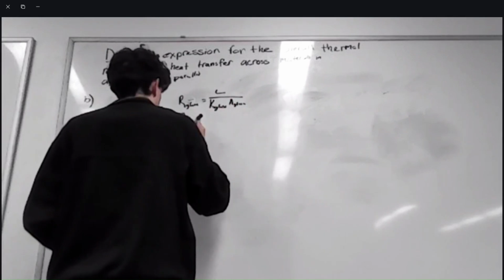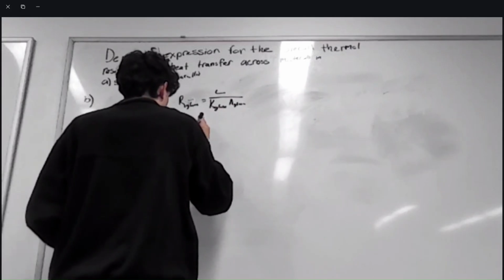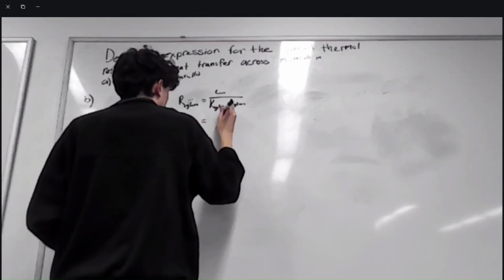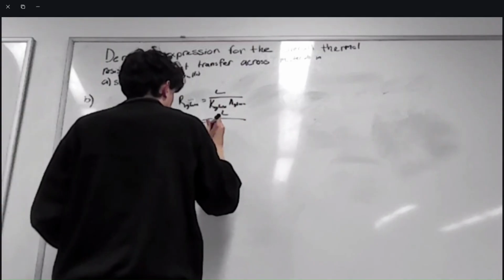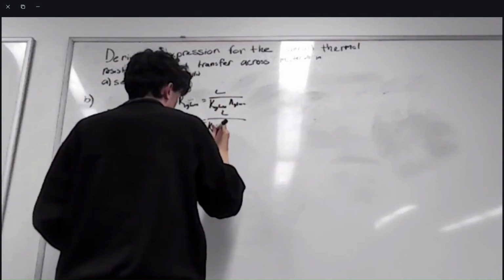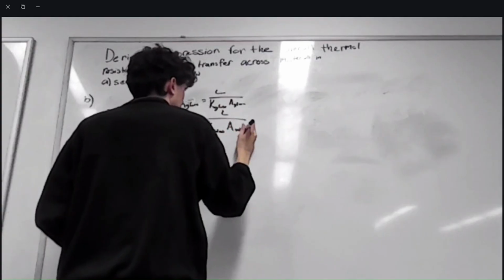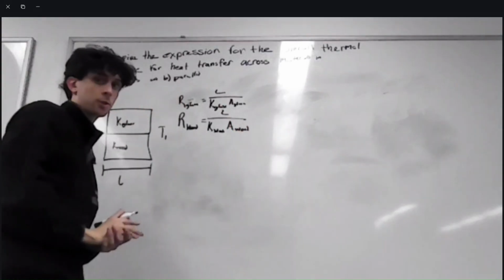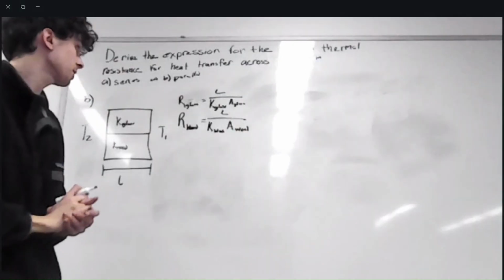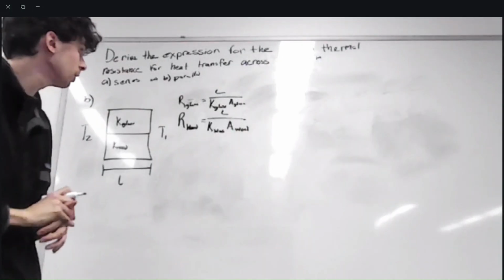And our thermal resistance of wood is again that length, thermal conductivity wood, and the area of the wood as well. So these are the two thermal resistances that we're going to be working with in this problem.